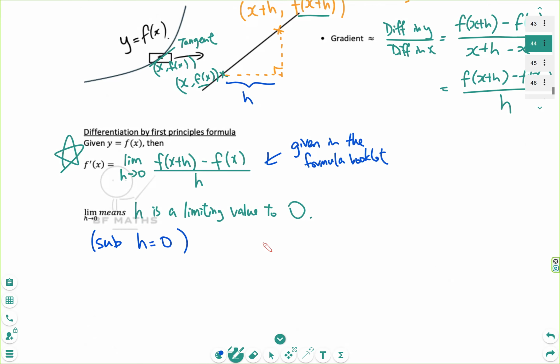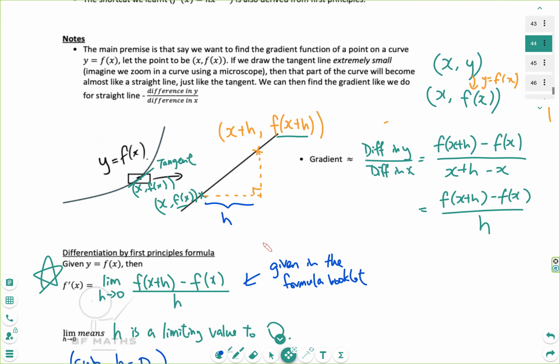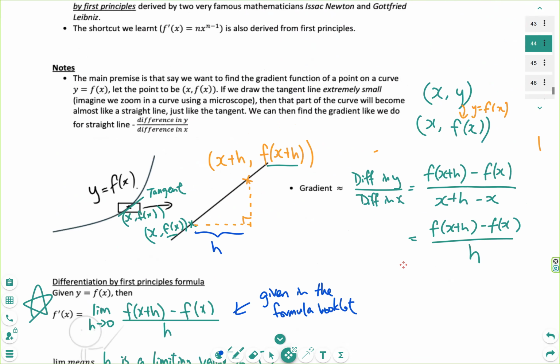But why does h tend to 0? Now back to theory. Again, all of this theory, all of this understanding, you don't have to remember any of it, but it's just to show you where first principle comes from. First principle comes from finding the tangent at any certain point on a curve. And what we do is we zoom in a million times, and that curve becomes a normal straight line.